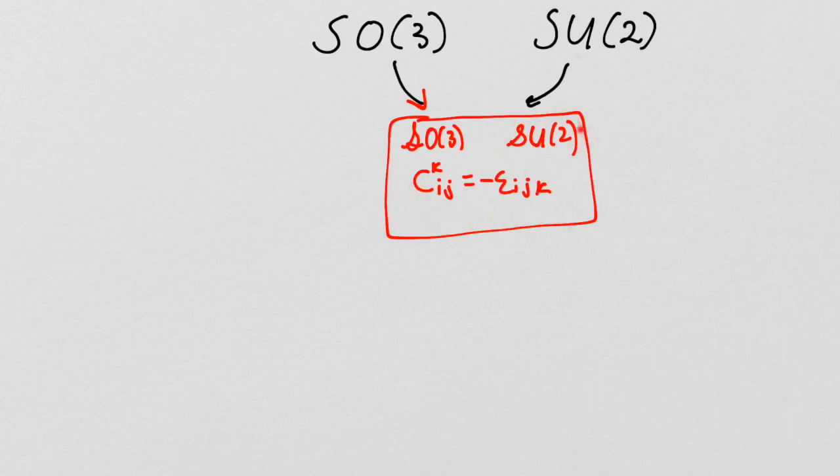We call this script or Gothic SU2, Gothic SO3, but they were both 3-dimensional, and we were able to write their basis vectors as x1, x2, and x3, and we were able to find a basis for this guy where they both had the same structure constants, and therefore their algebras were the same.